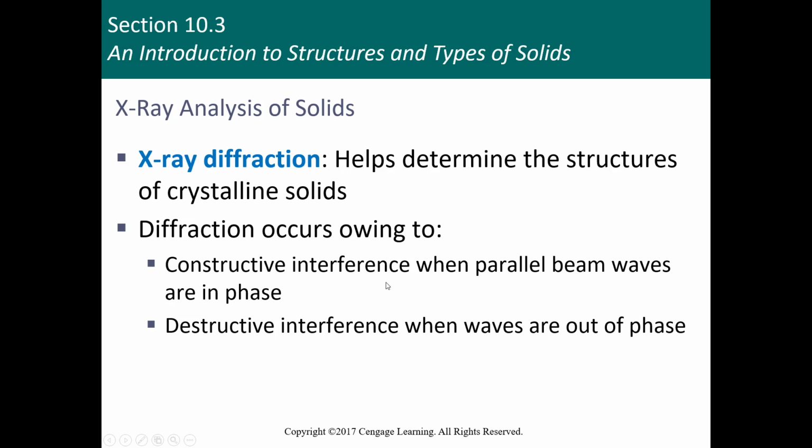Destructive interference happens when the waves are out of phase. That means that a peak is lined up with another wave's trough, and so they would cancel out, at least partially, and that is what is called destructive interference, i.e. you're destroying the signal. Okay.